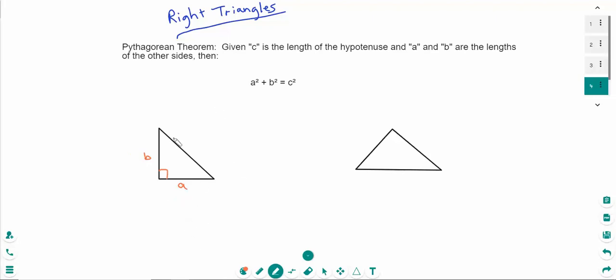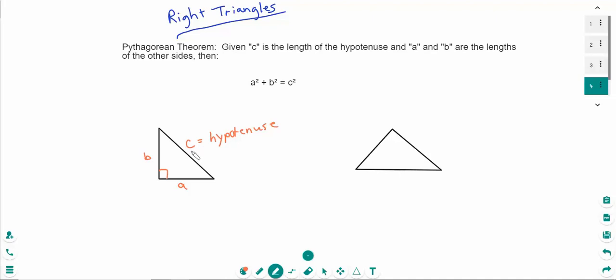Now, what is the third side going to be called? Well, we're going to call that line C. Now, its official name is the hypotenuse. So the side that is opposite of the 90 degree is the hypotenuse side of the triangle, and we call it side C. Again, this is so important.